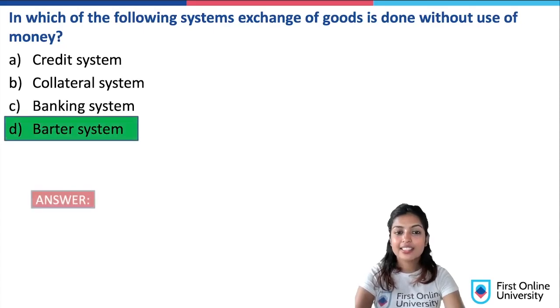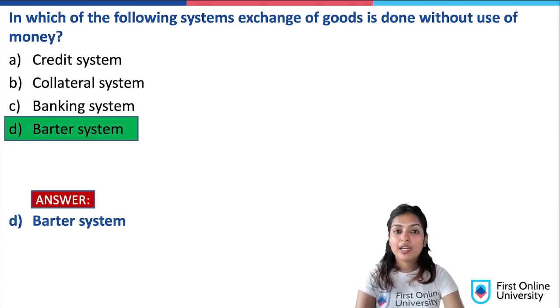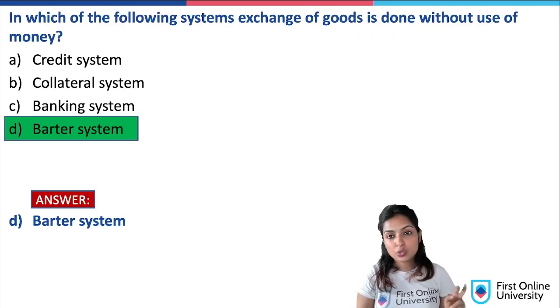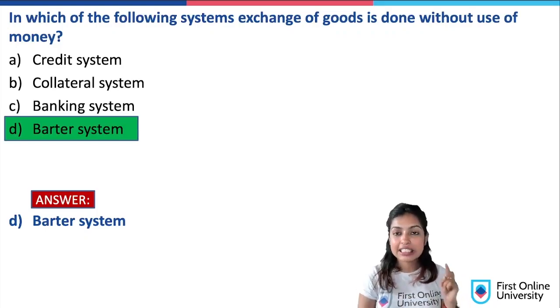The answer is D. Barter system. So barter system is that system where exchange of goods is done without the use of money, because the exchange is done with respect to two services or two goods where either party is in need of one of the goods that are being sold to each other.